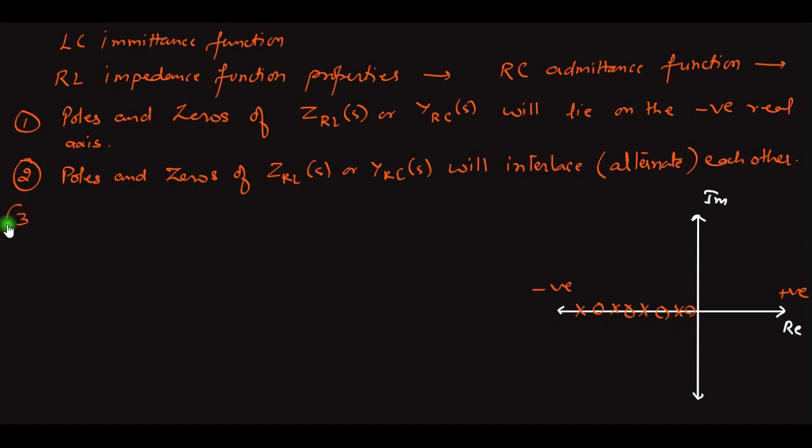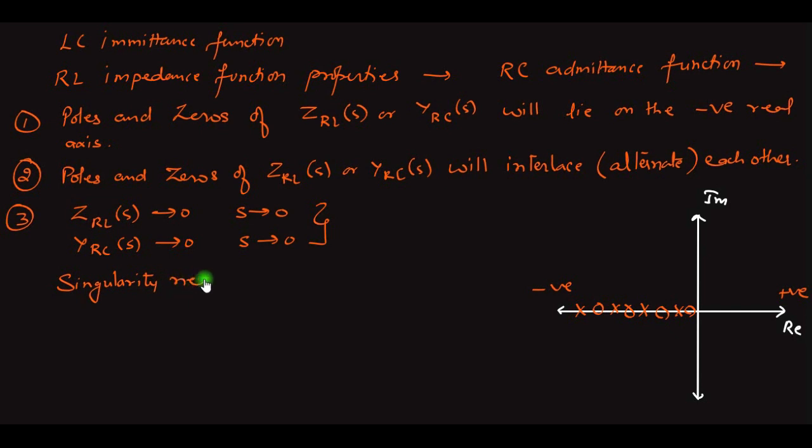The third property is that ZRL of S will tend to 0 if S is tending to 0. Similarly, YRC of S will tend to 0 if S is tending to 0. Writing this in words, the singularity near the origin must be a zero.